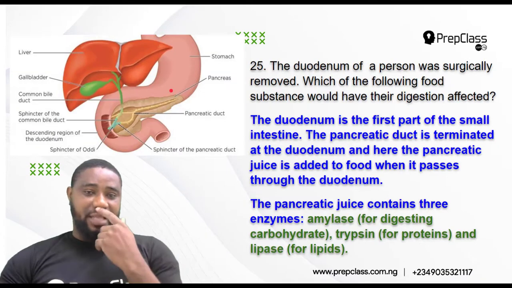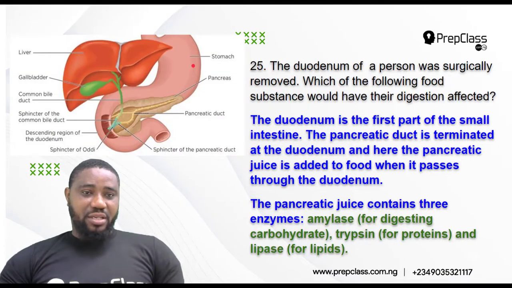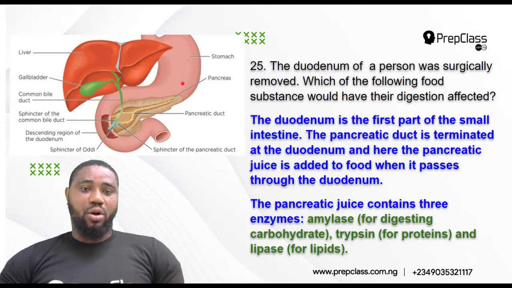Now look at this diagram. You can see the structure of that part that is close to the duodenum. This is the stomach, this is the liver, this is the gallbladder. So you can see this is the duodenum. The duodenum is the first part of the small intestine.